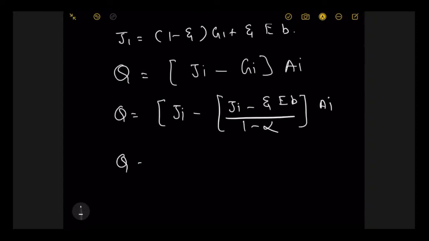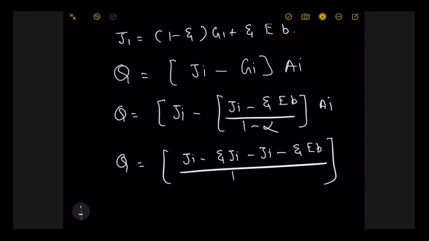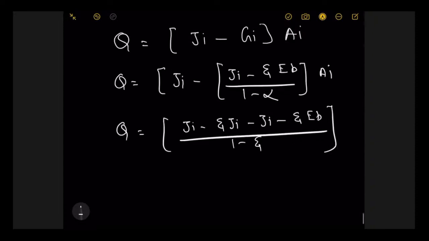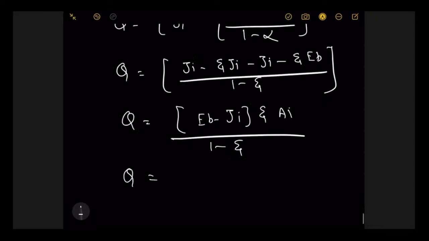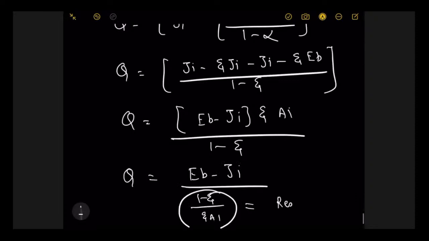So Q equals Ji minus emissivity of black body upon, in place of alpha, you can write 1 minus emissivity. So Q equals Eb minus Ji into emissivity into Ai upon 1 minus emissivity. So Q equals energy in black body minus Ji upon 1 minus emissivity upon emissivity Ai. What is this? This is nothing but resistance.